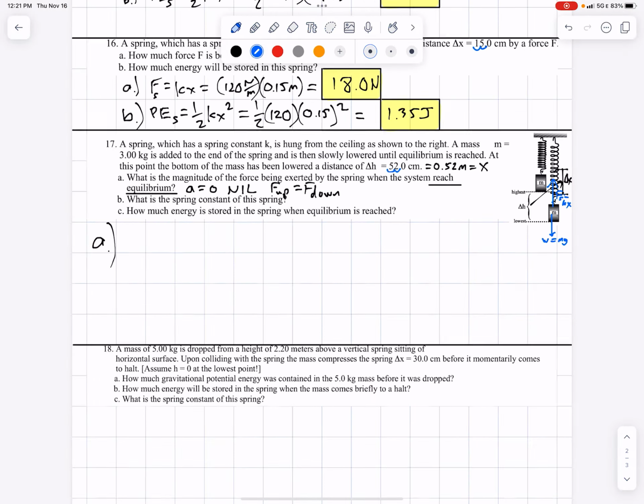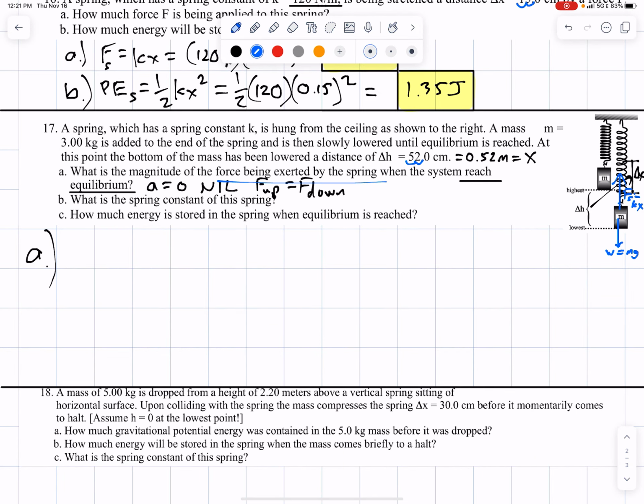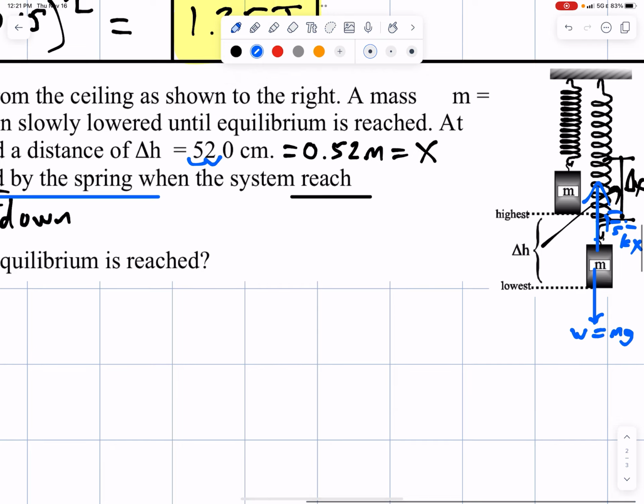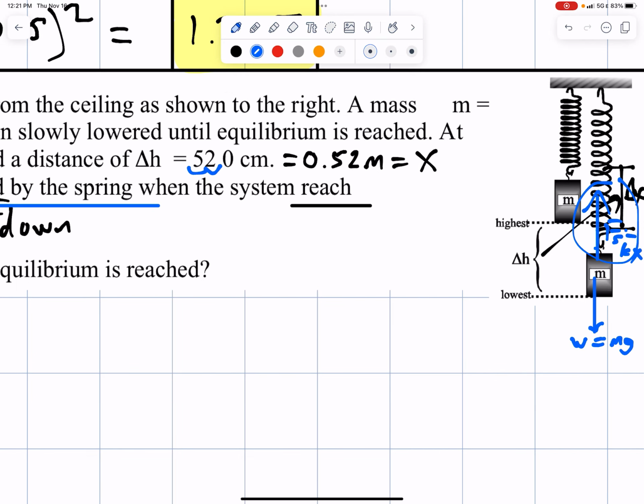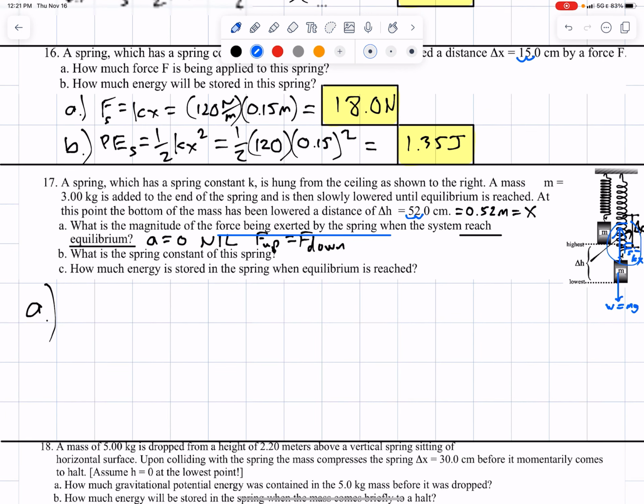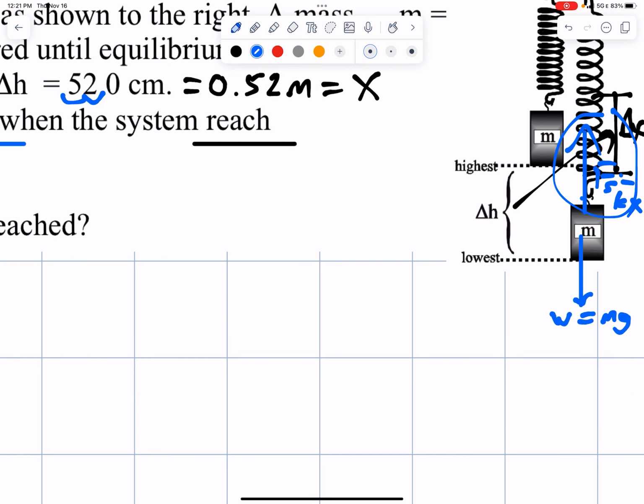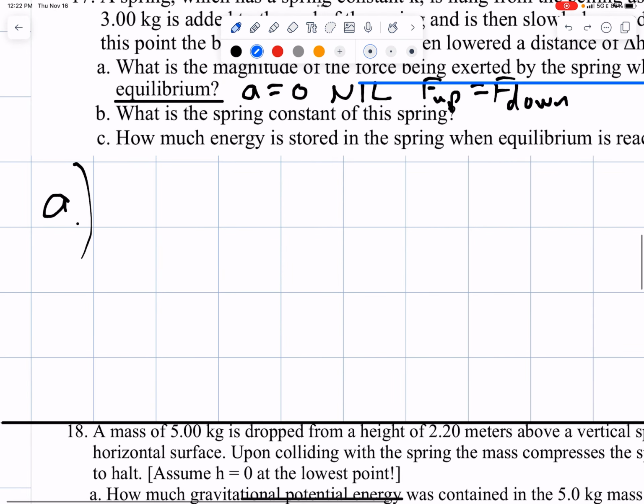So if I'm looking for the force exerted by the spring, notice, guys, I don't have k. I've got x, but I don't have k, so I can't solve for the force exerted by the spring yet. But I can indirectly set the spring force equal to the weight that it's balancing. And that's exactly how I'm going to solve this part A.